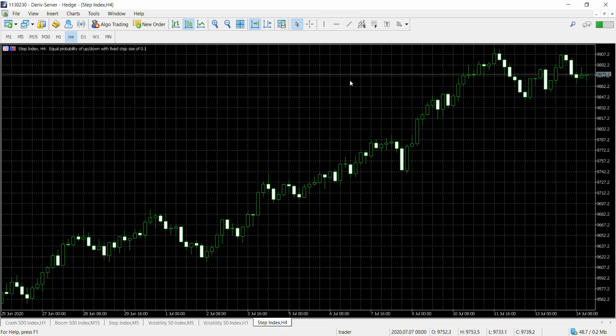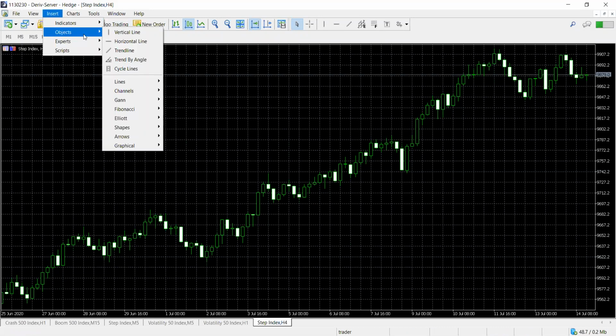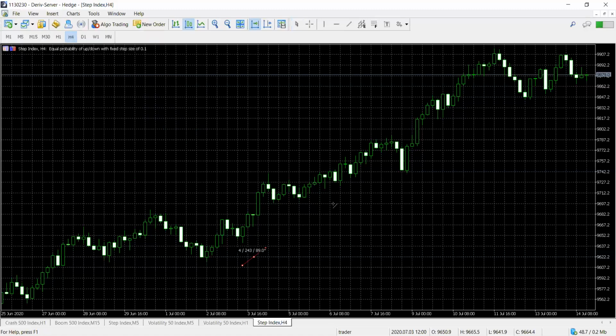After finding the direction, you can clearly see that here, the direction of the market is towards the upside.